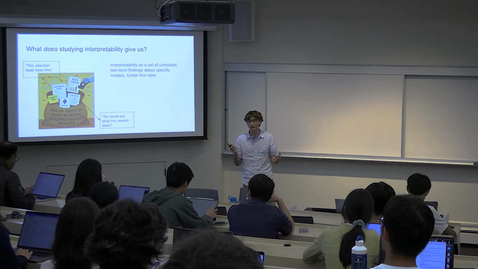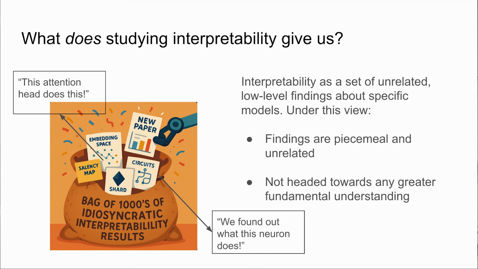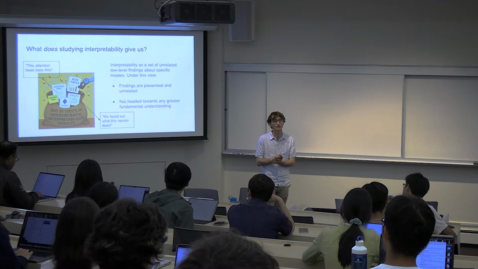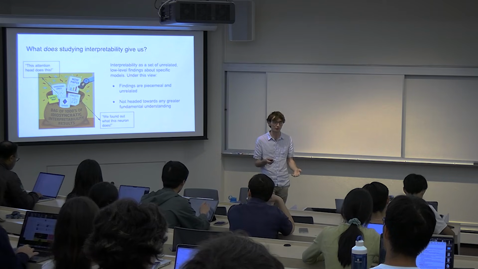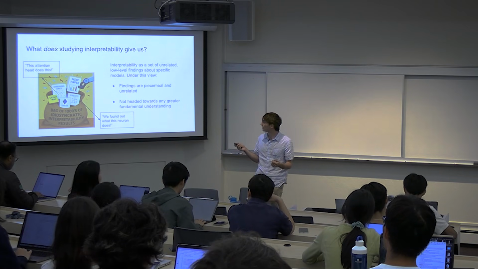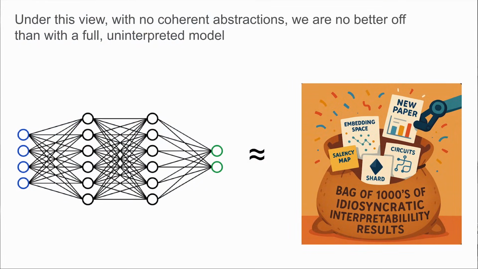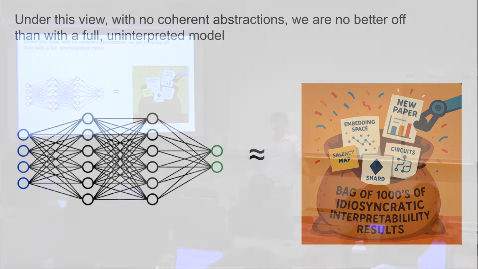Basically, under this view, these findings are all piecemeal and unrelated, and we're not really headed towards any greater understanding of the model. We're just spinning our wheels, picking up little nuggets here and there. And under this view, I would argue we're really not much better off than with a full uninterpreted model. Maybe we have tools that allow us to better control or monitor them.